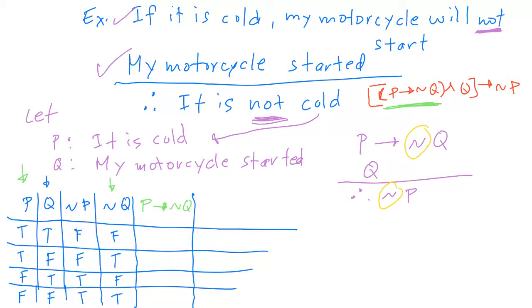This is conditional, so we're looking at TF to get F. We have one on the first row, so that would be F here, and the rest would be T.